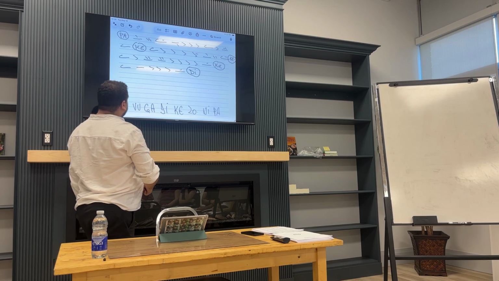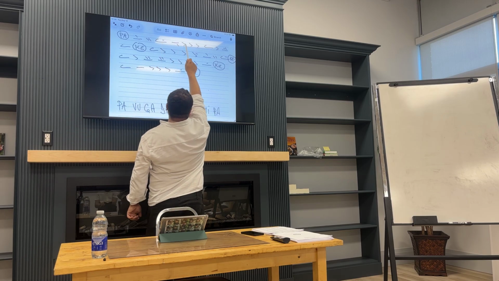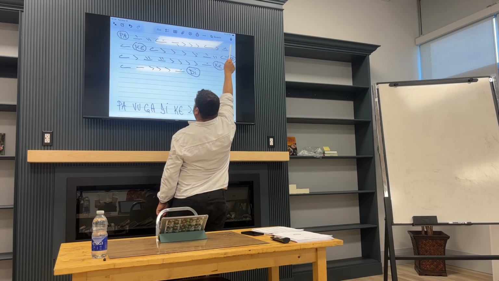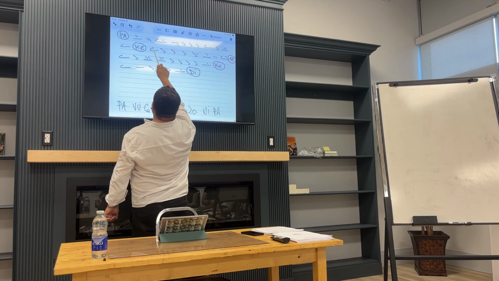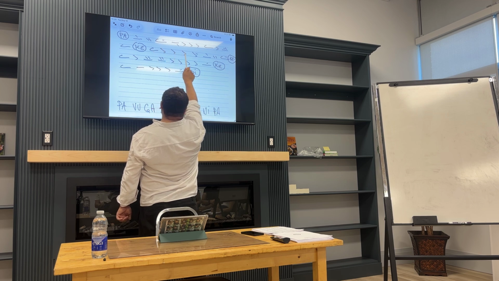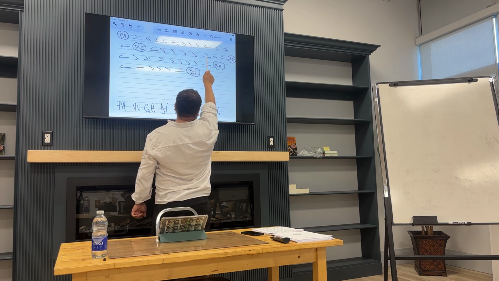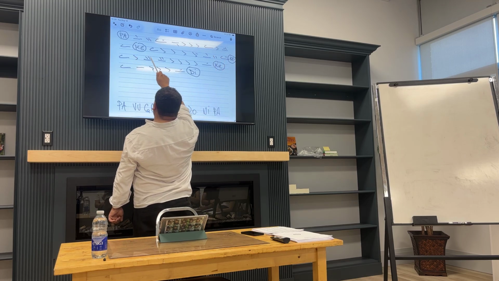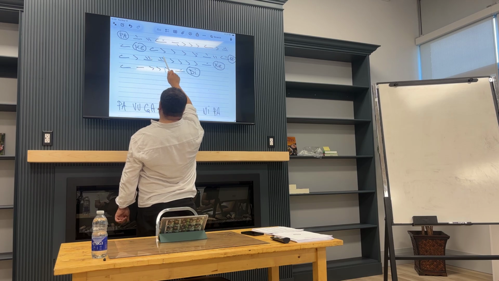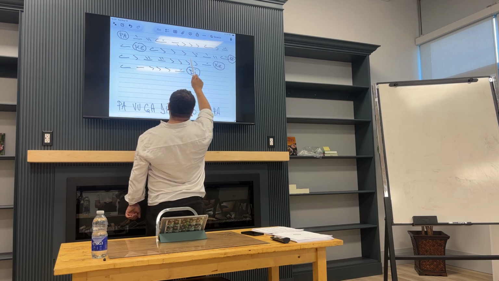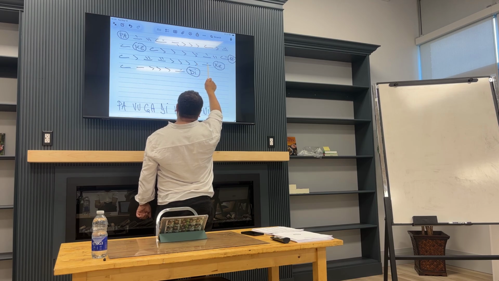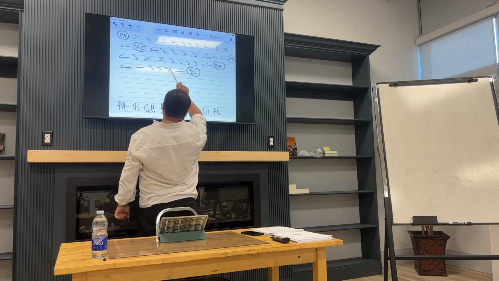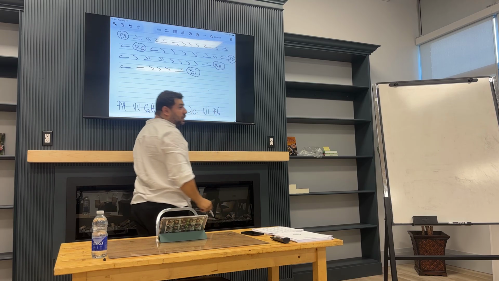Pa, di, ke, ni, zo, ke, di, ga, di, ke, di, ga, vu, pa, di, zo, ni, pa, ni, zo, di, zo, di, ga, di. Sounds familiar? Yeah.